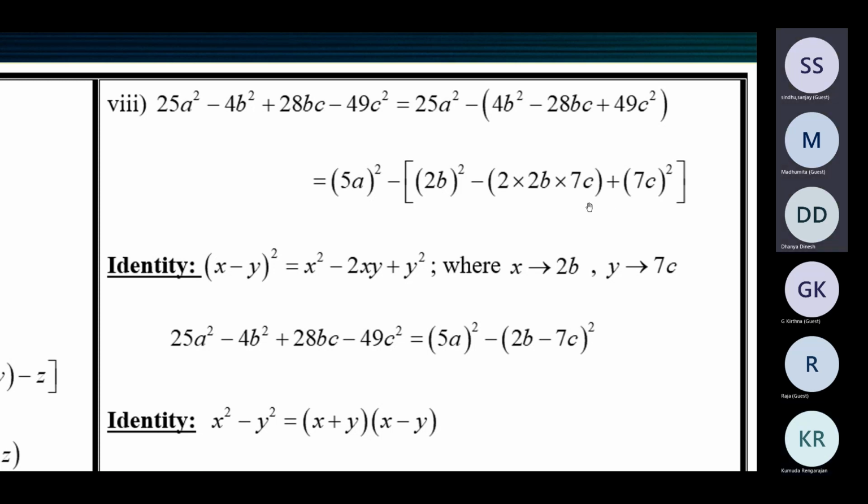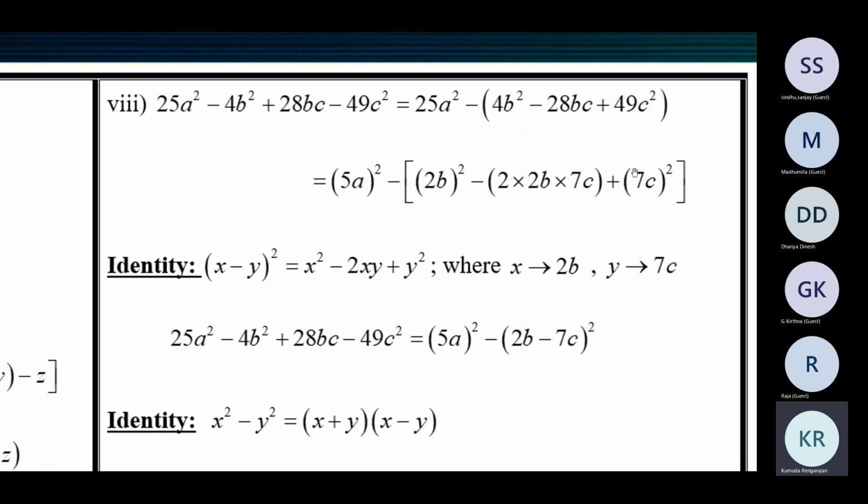Yes, ma'am. That's the identity I've mentioned here: x minus y the whole square is x square minus 2xy plus y square. Here x is 2b and y is 7c.